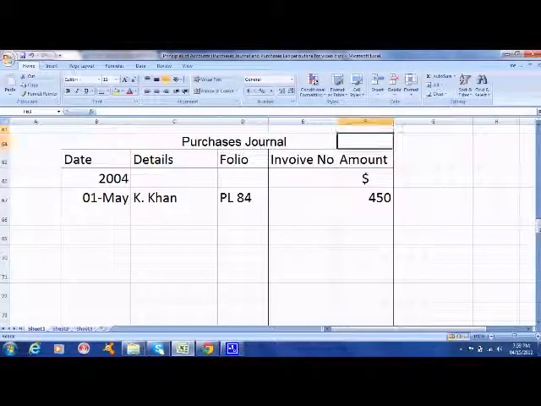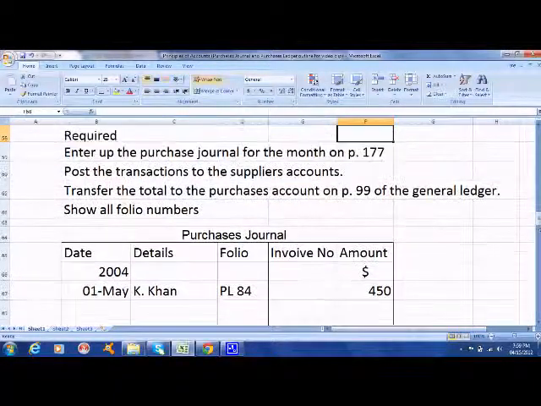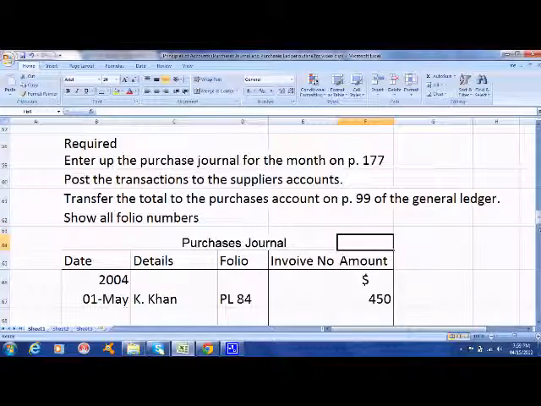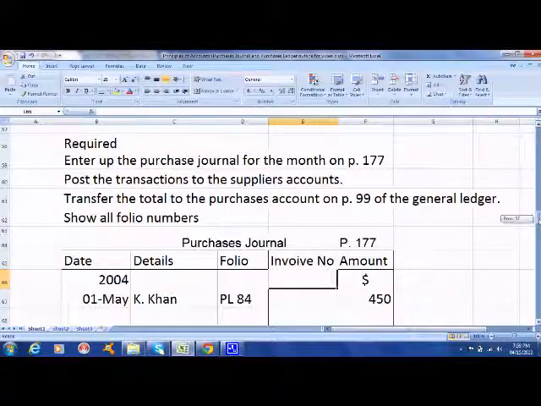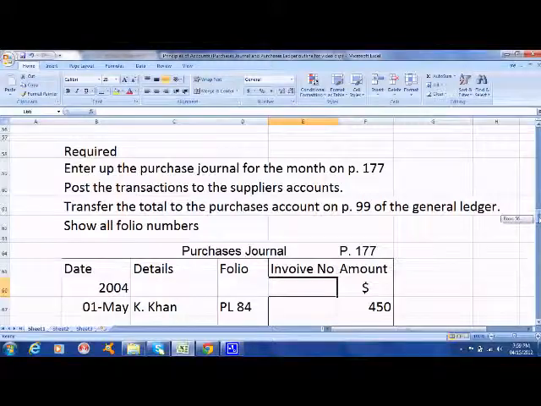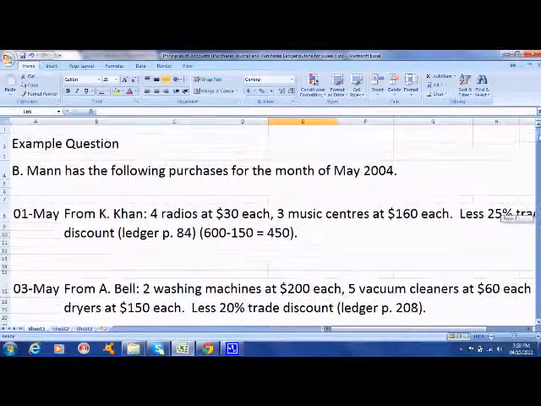Here we're going to write page 177, because it says enter the transactions into the purchases journal for the month on page 177. That is why we do that. Alright, so that's that for that. Now, next one.